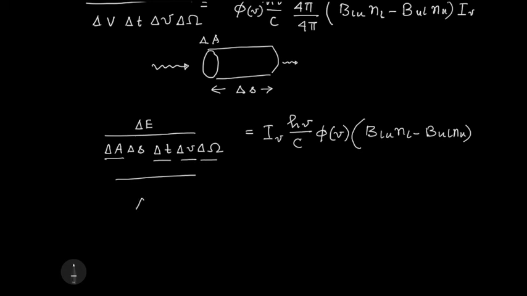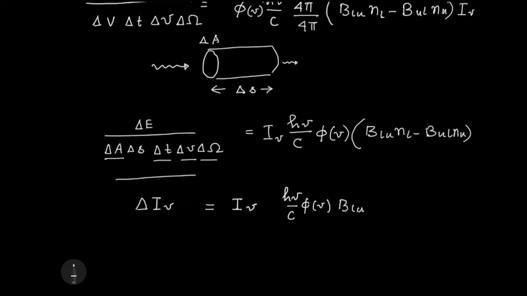The left hand side, if you look carefully, I have delta A, delta T, delta nu, delta omega. So this is essentially the radiation absorbed by delta S, which I bring into the right hand side.